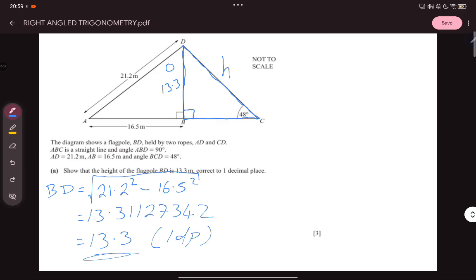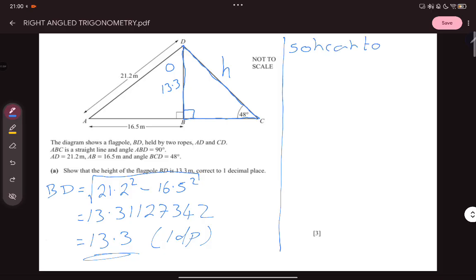So yes, we could use our full calculator answer, but they will be quite happy with us using the 13.3 that they tell us. Because it's a show that question, the reason they do the show that, in some questions, is so that you can still have a go at the second part, even if you get the first part wrong. So they do want us to use the value 13.3. But having said that, if you use a more accurate answer, the full calculator answer, they'll be fine with that as well, won't they?